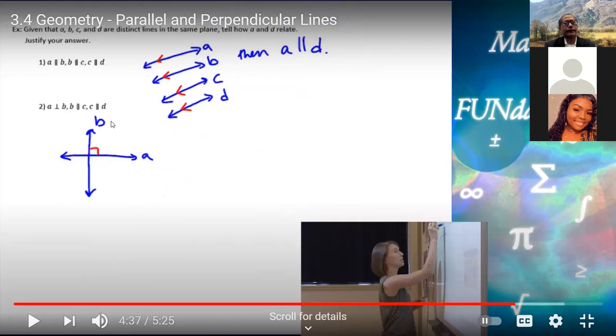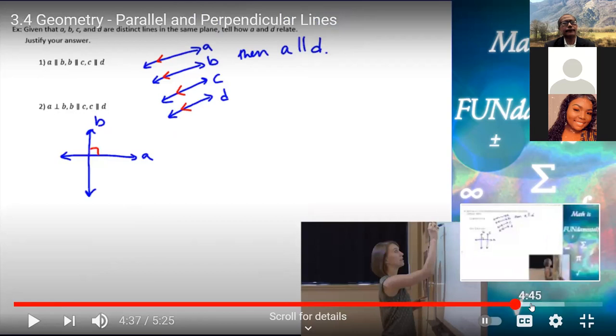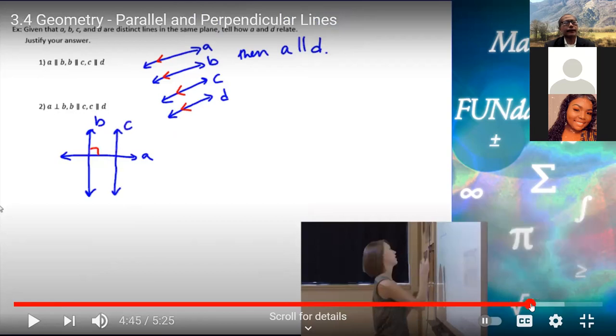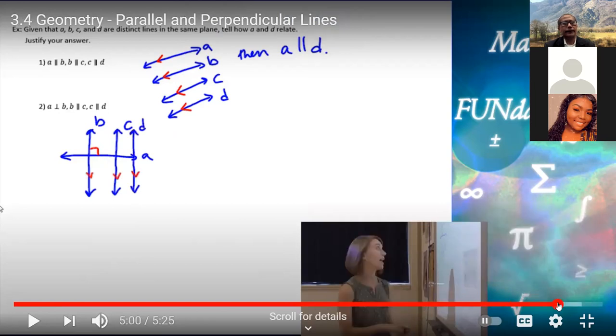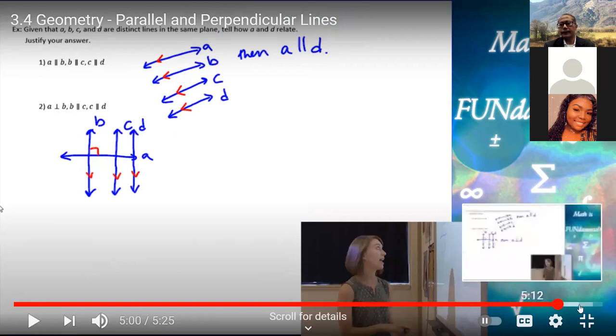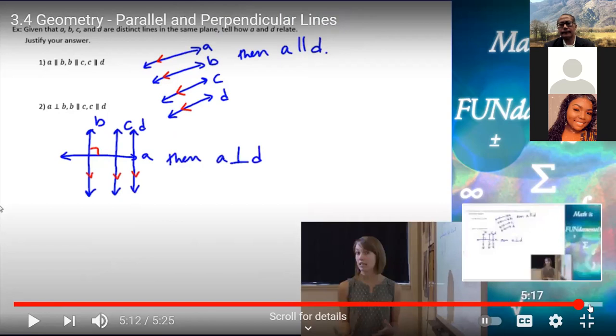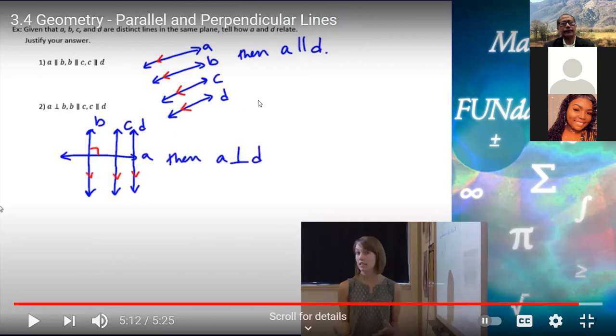Here, A is perpendicular to B, and then B is parallel to C, and then C is parallel to D. So the conclusion will be A perpendicular to D, using one of these properties. Okay.